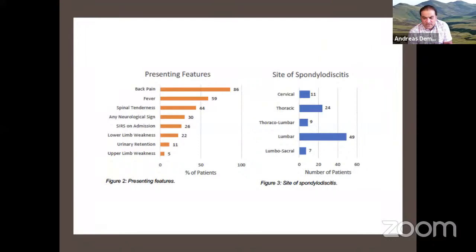But the majority of cases, half of them, 49 out of 100, were lumbar. And the next highest number were in the thoracic region, as you can see on the right.